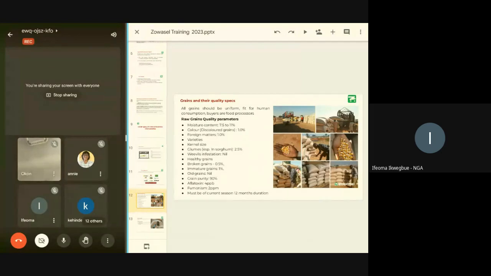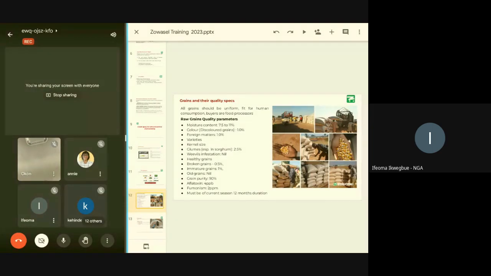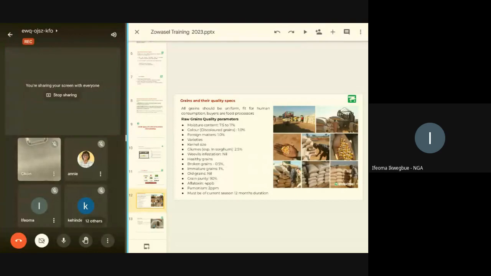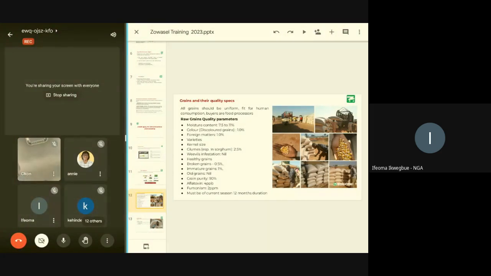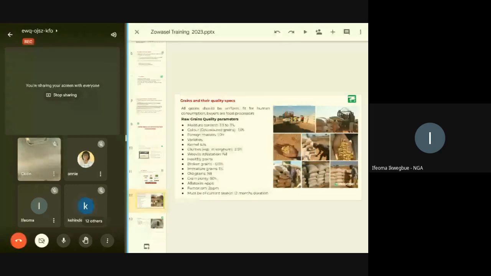Because of the hazardous nature of these foreign matters, it's quite important to use a metal probe on different parts of the bags at the point of sourcing, in order to ensure that we have limited or minimal, or in fact absent, foreign matters in the packed bags before supply to our buyers.